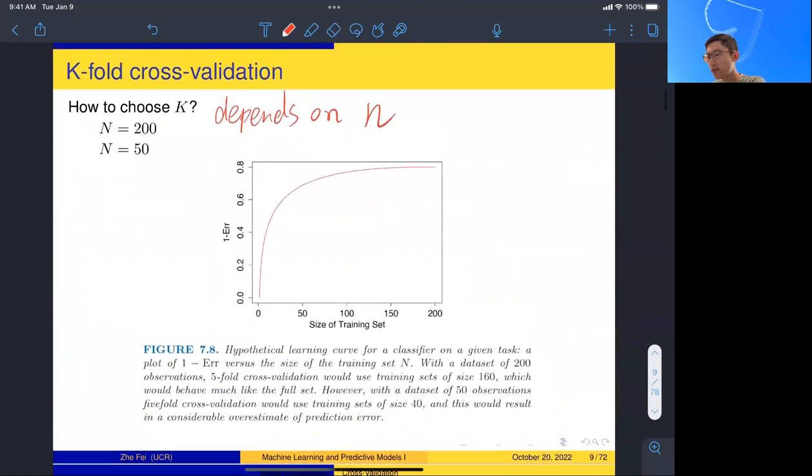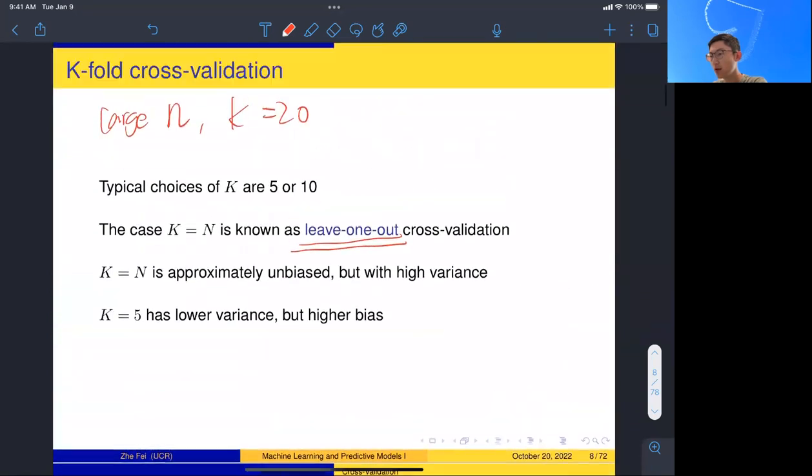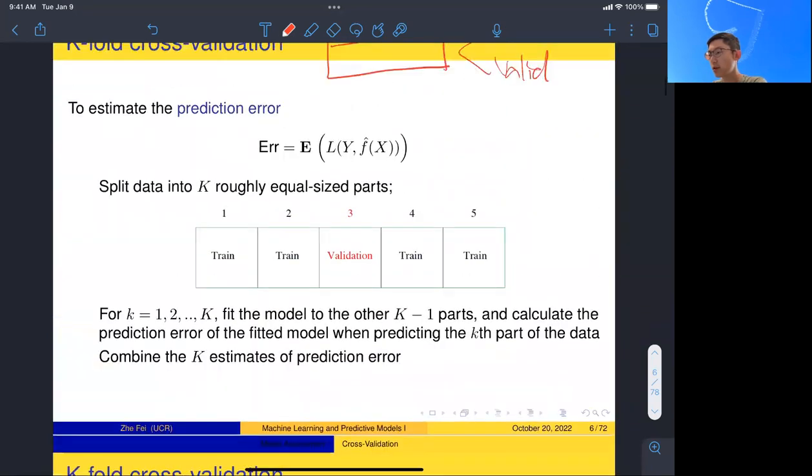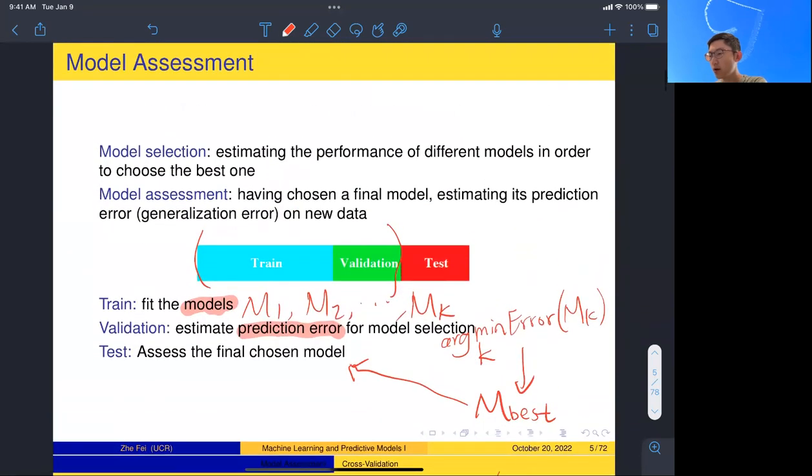There is some empirical suggestion. Oftentimes, if you have a large enough sample size, we would suggest an 8:2 ratio for training versus validation.